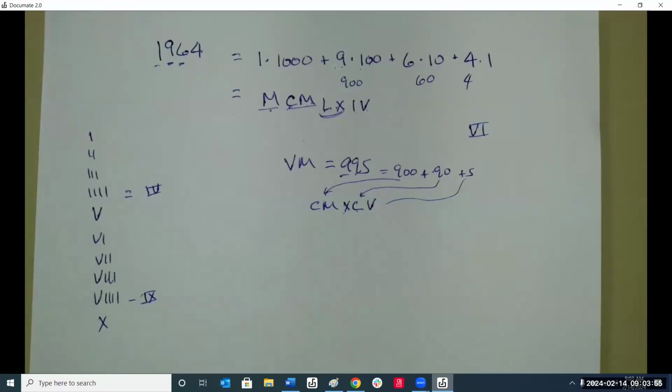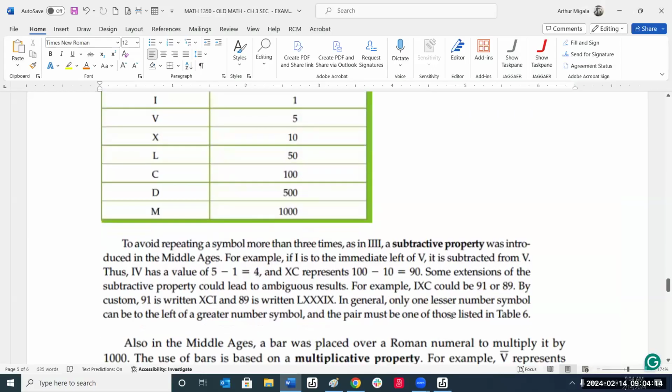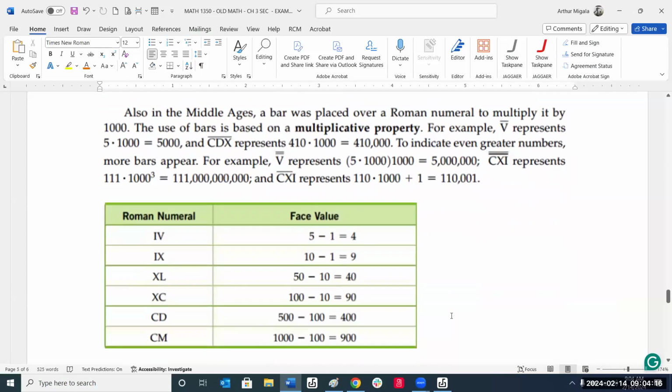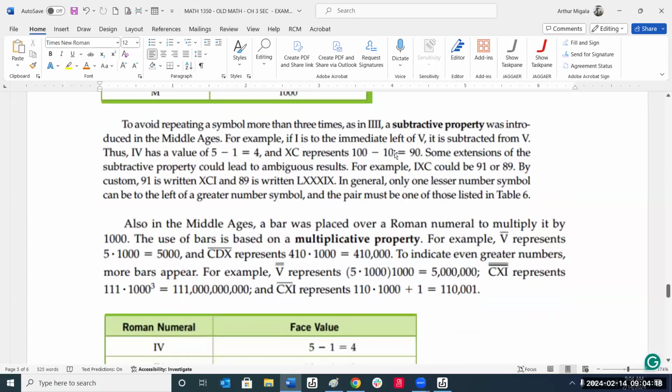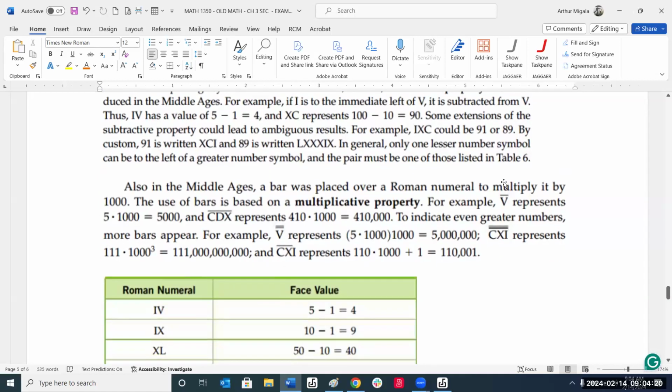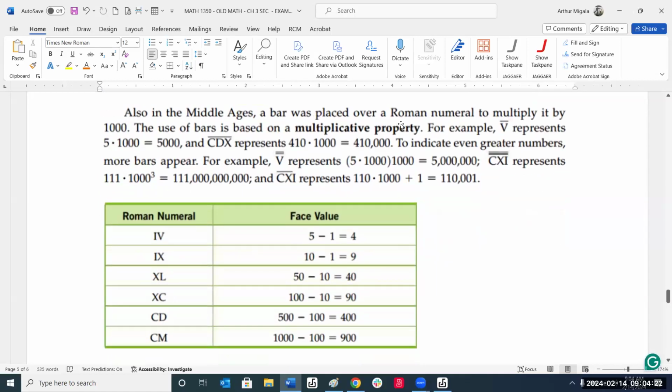No other ones do that. I mean, even in our number system, we don't do that. They had the subtractive property and the multiplication properties.